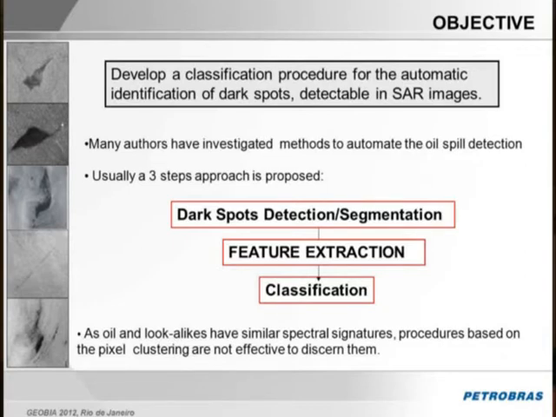Many authors have investigated methods to automate the oil spill detection, and usually a 3-step approach is proposed: dark spot detection, segmentation, followed by the feature extraction, and then a classification. That is the typical OBIA approach. As oil and lookalikes have similar spectral signature, procedures based on pixel clustering are not effective to discern them, so we need additional features.